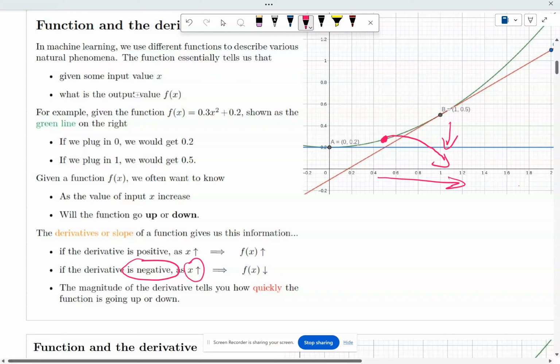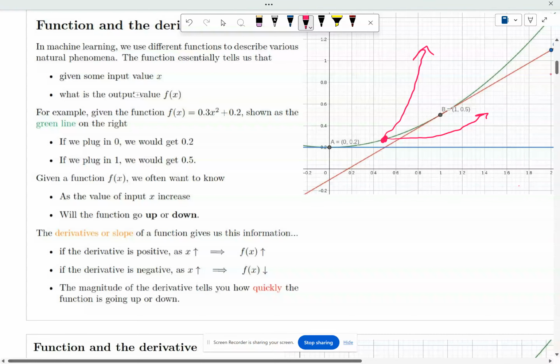So the derivative of a function essentially tells us at any given point whether the function at that point is starting to go up or starting to go down. And the magnitude of the derivative matters. If it's a large positive number, it's going to go up very sharply. If it's a small positive number, it's going to go up very slowly.